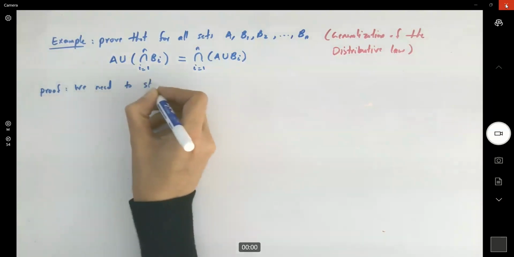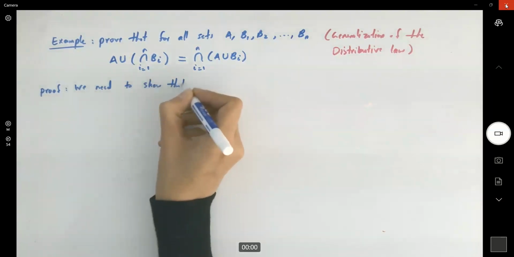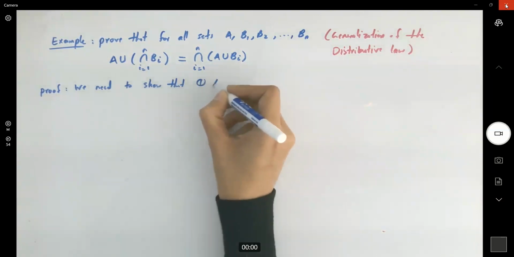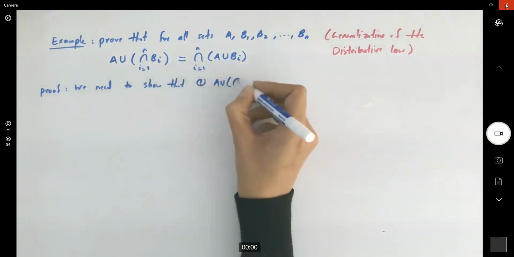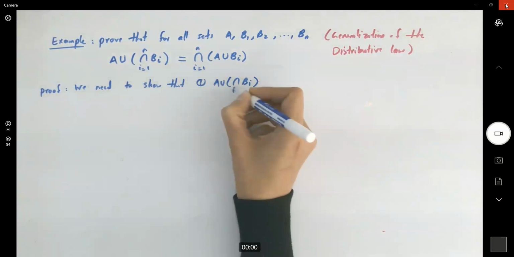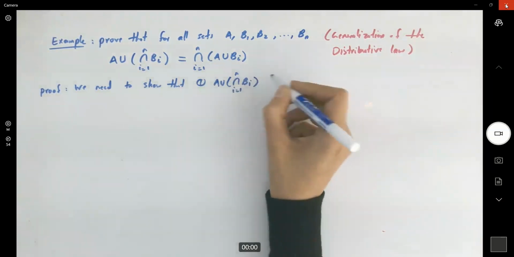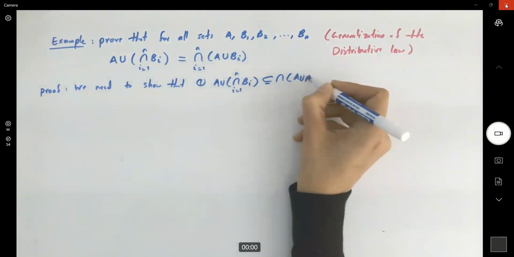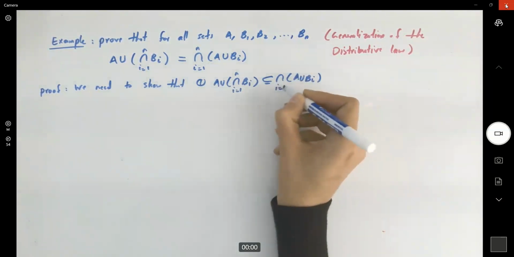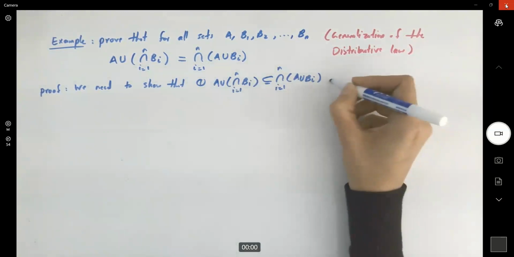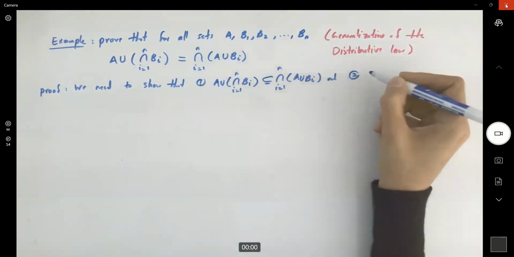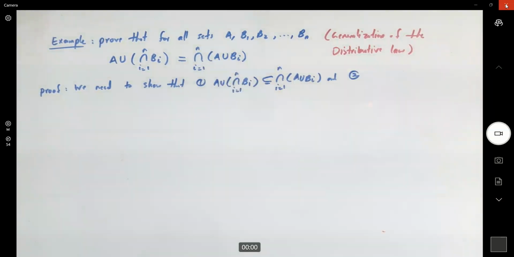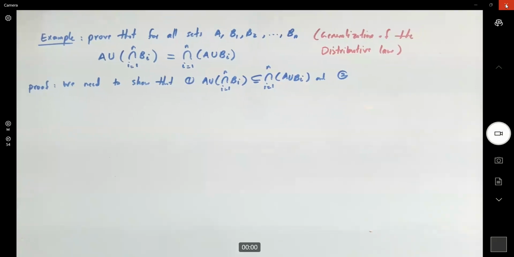We need to show that, number 1, A union with the intersection of Bi's, i starts from 1 goes to n, is a subset of the intersection of each union. And also, number 2, your right-hand side is a subset of the left-hand side.